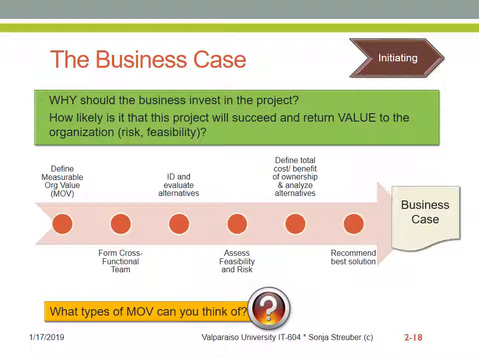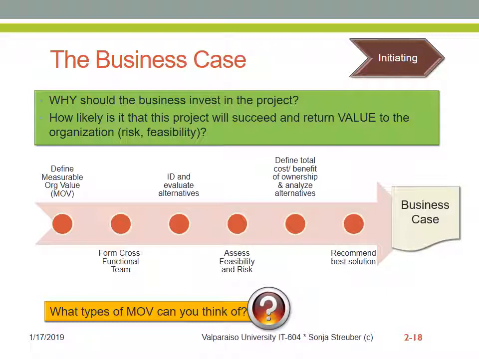So let's summarize how we end up with a good business case. First of all, a good business case happens in the initiating phase of each project, and it defines why the business should invest in the project and how likely it is that the project will succeed and return value to the organization.